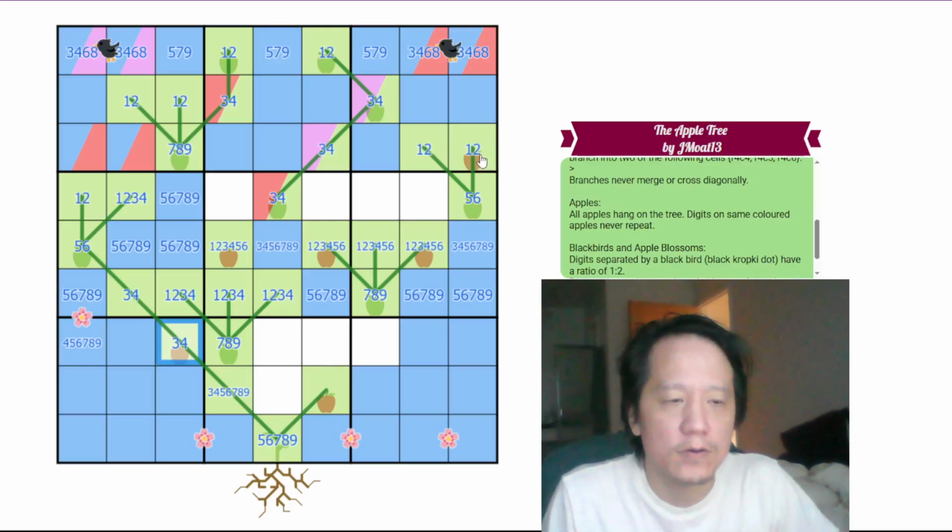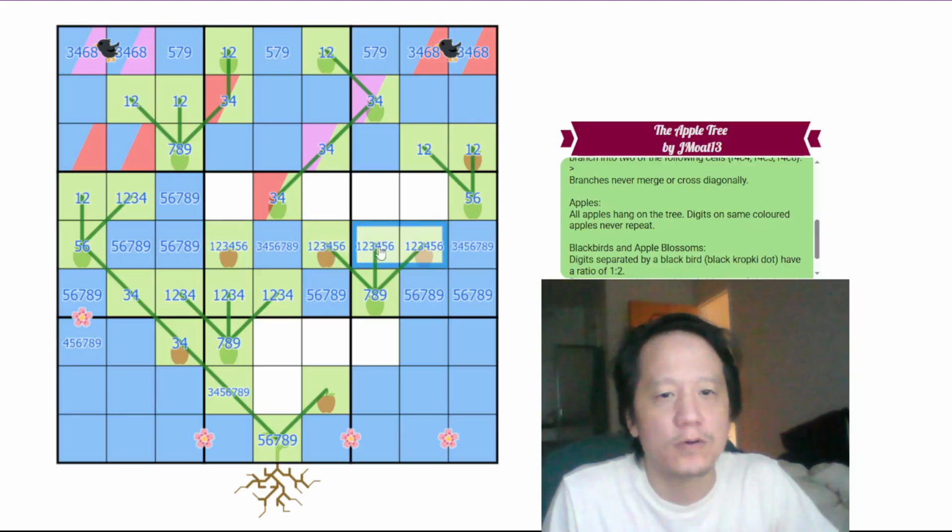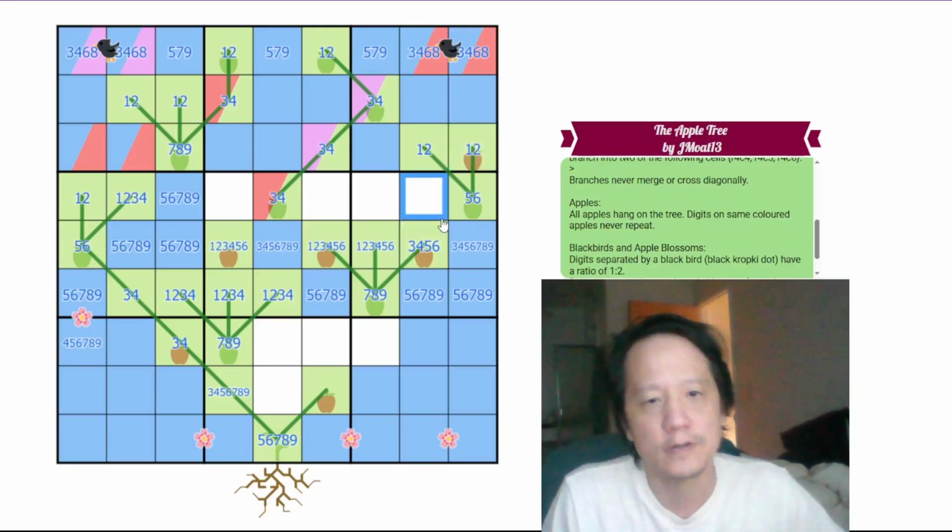Well, we know one of these is 1 or 2. That means for these 4, one of them has to match that 1, 2. So this sees both 1, 2, so this cannot be 1 or 2. It must branch up, because it sees that one by normal Sudoku, and the red apples cannot repeat.